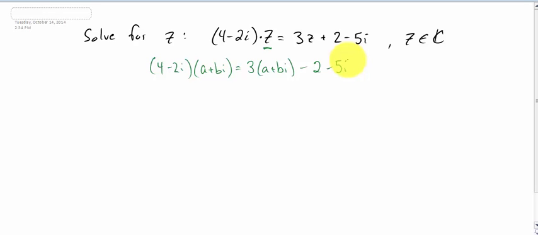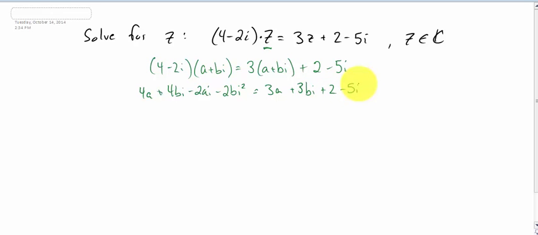So let's expand the left. We have 4a plus 4bi minus 2ai minus 2bi squared equals 3a plus 3bi minus 2 plus 2 minus 5i.